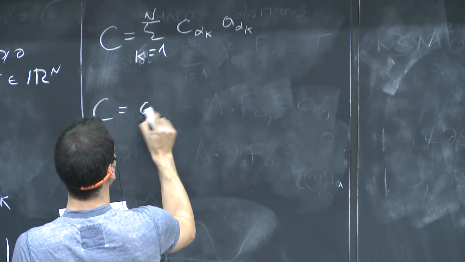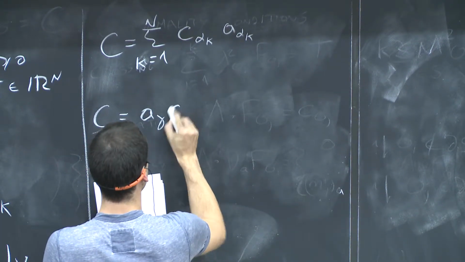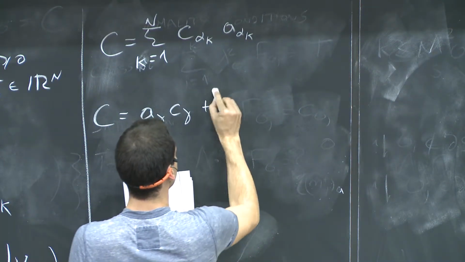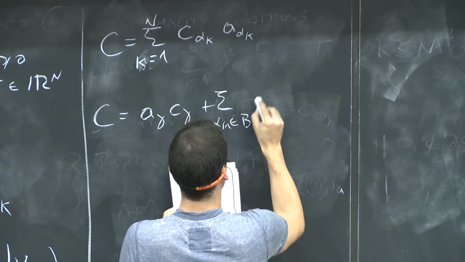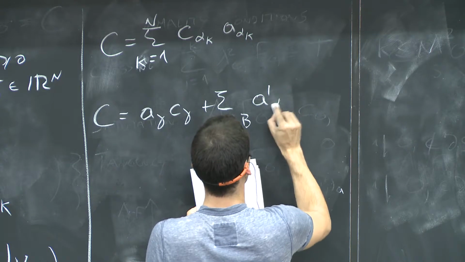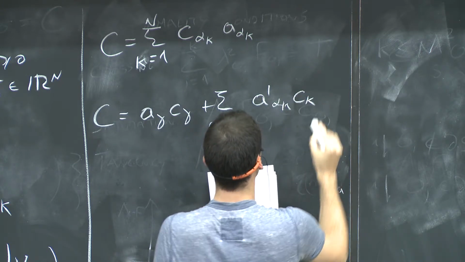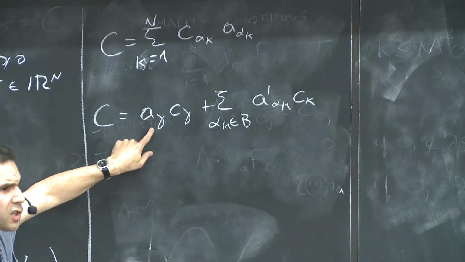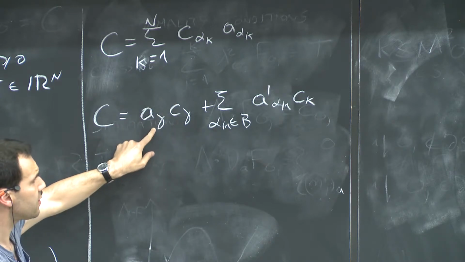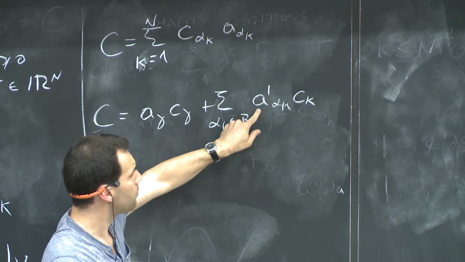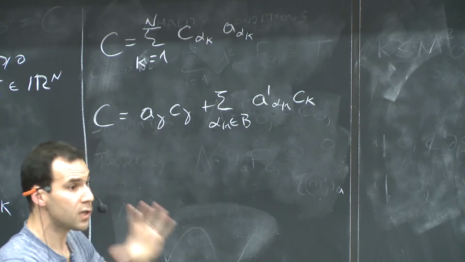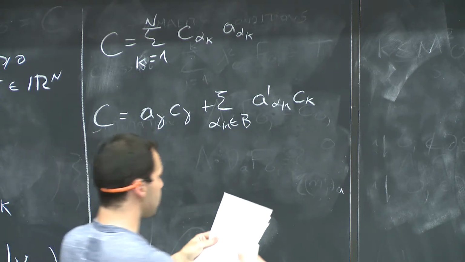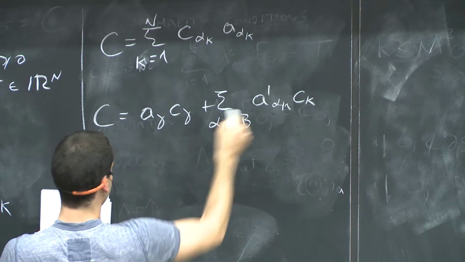The cost will become A gamma C gamma plus the sum over alpha k in B of A prime alpha k C alpha k. So I switched on a coefficient, so the cost changes. And these previous OPE coefficients will change because I'm switching this on, and I have to keep the constraints true. So what are these?